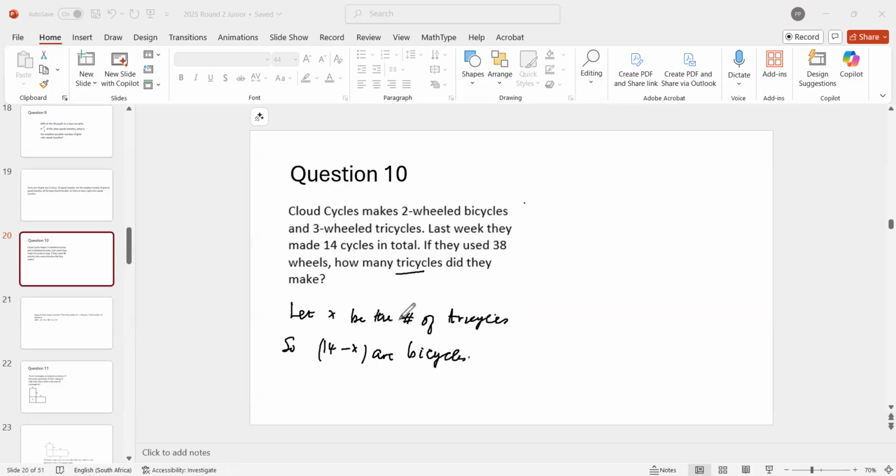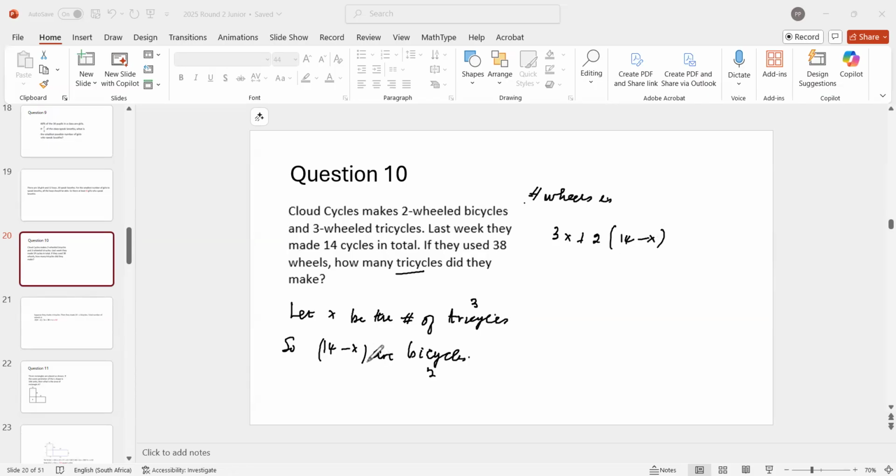Okay. Now, you know that there are 38 wheels altogether. So each tricycle has got 3 wheels in it. Each bicycle has got 2 wheels in it. So altogether, the number of wheels is 3x. That's the contribution of the tricycles, plus 2 into 14 minus x.